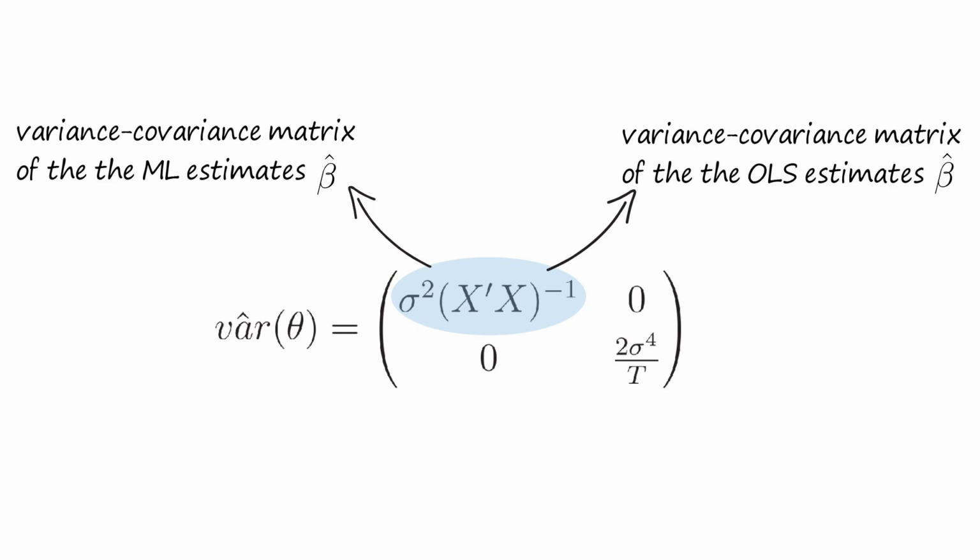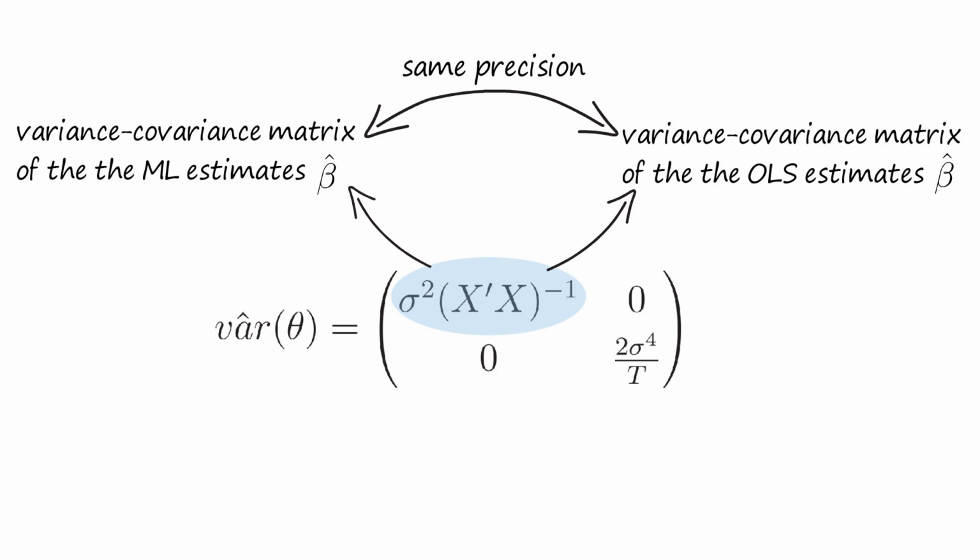Now that says that not only are you getting the same maximum likelihood estimate for beta compared to the OLS solution, but you also get these estimates with the same precision. Hence, there's no advantage of using maximum likelihood over OLS if your problem is a linear Gaussian regression model.